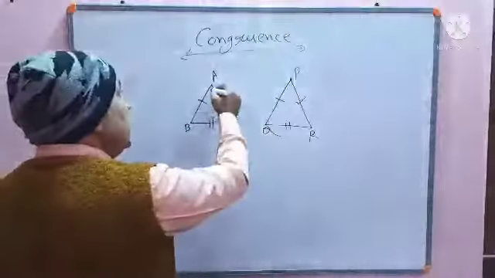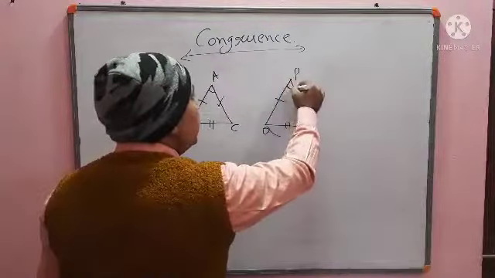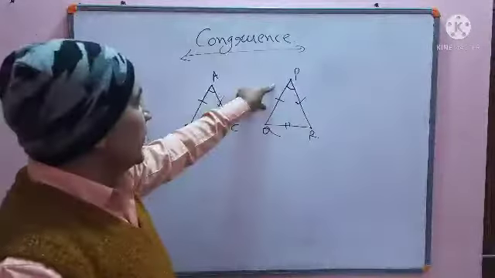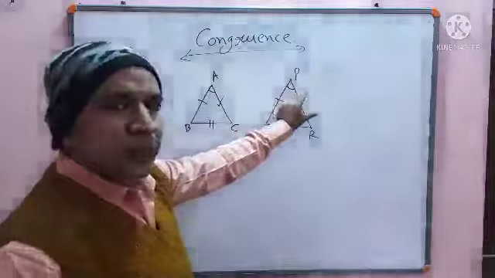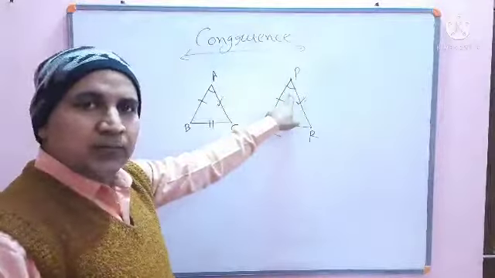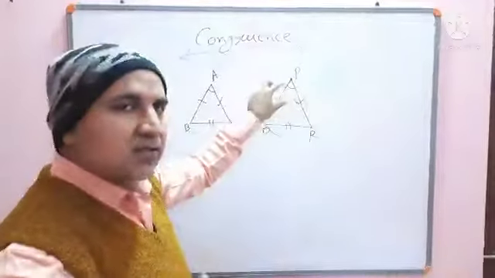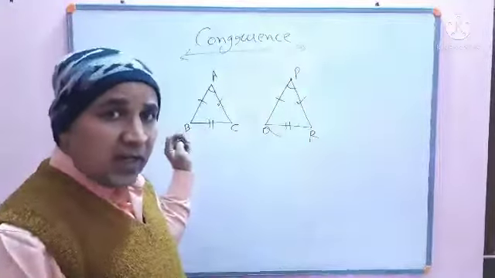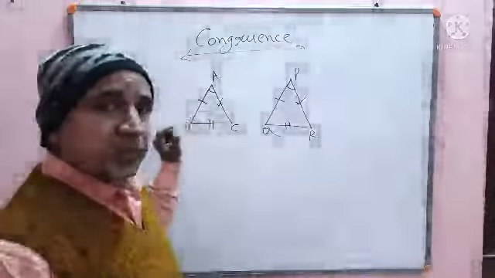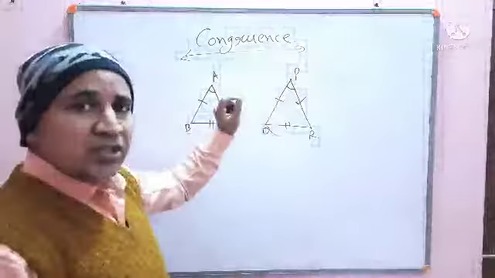Corresponding part means if you are taking angle A, then it must be equal to angle P. Why? AB is equal to PQ, AC is equal to PR, then definitely angle A is equal to angle P. Because this triangle is overlapping triangle PQR, this is our assumption. We are assuming that triangle ABC is overlapping PQR. That is why all the sides of this triangle are equal to the sides of this triangle.